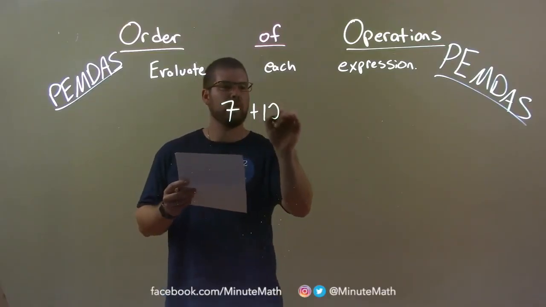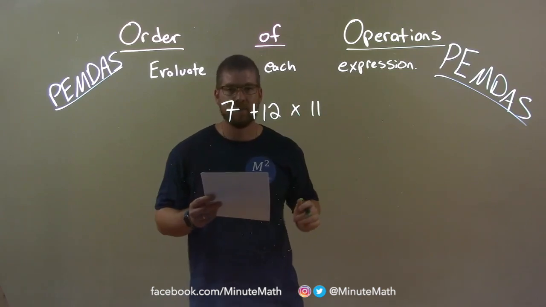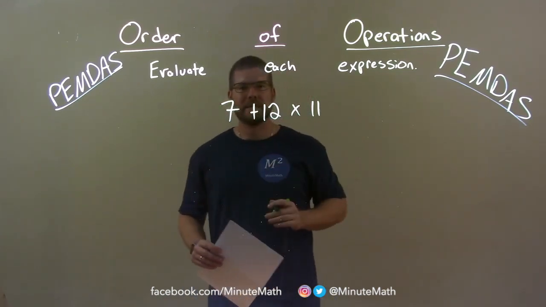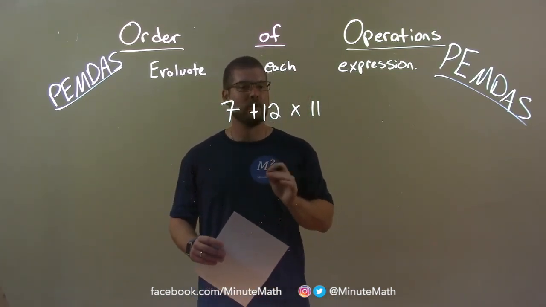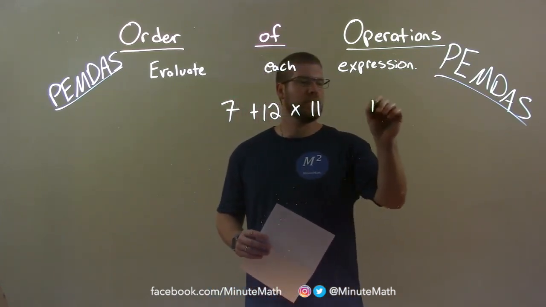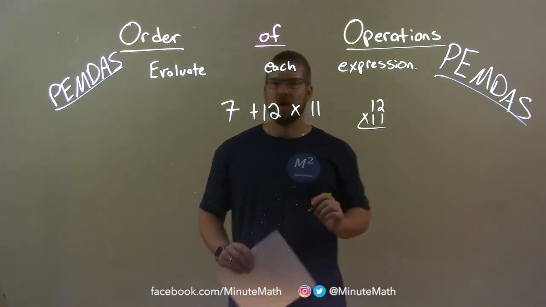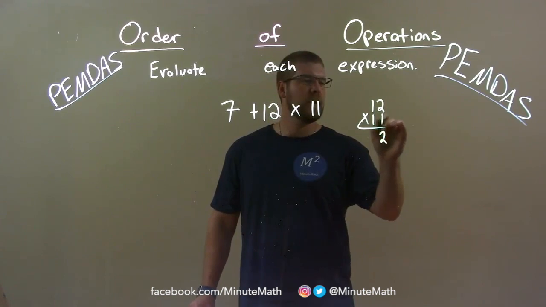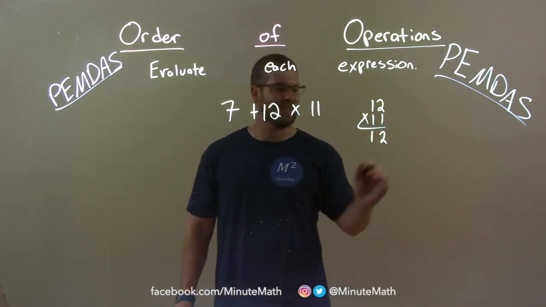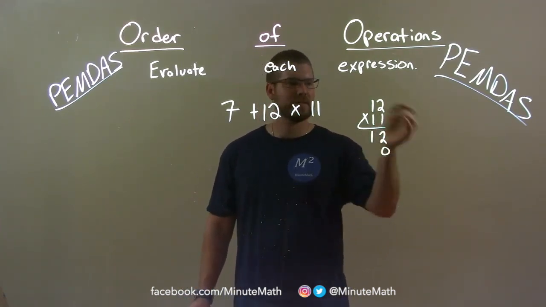7 plus 12 times 11. First step, multiplication. That's what we have to deal with first here. 12 times 11. So let's do that. 1 times 2 is 2, and 1 times 1 is 1. Pretty easy. Place value for the first one, second one.